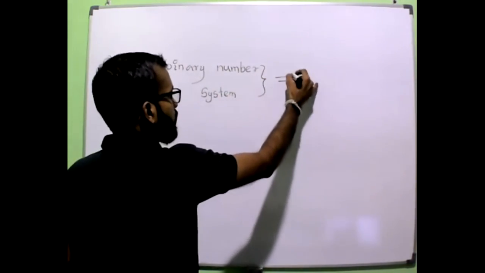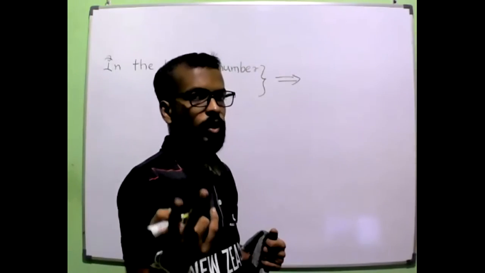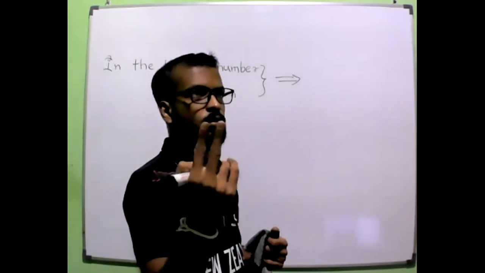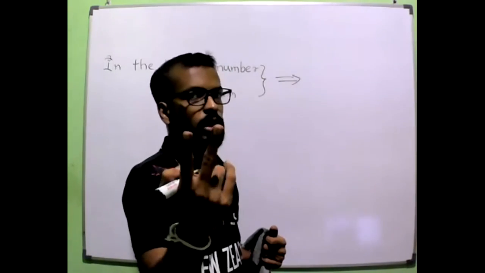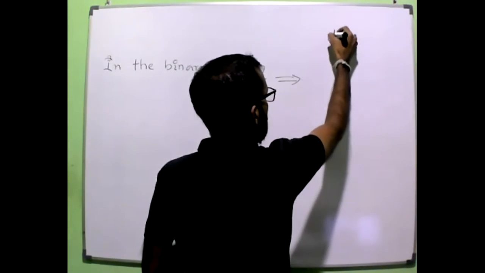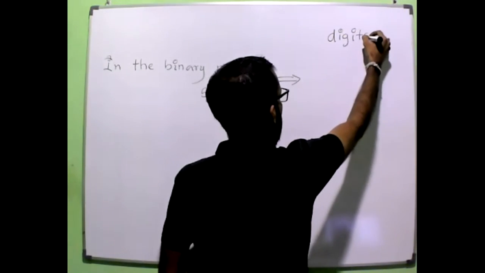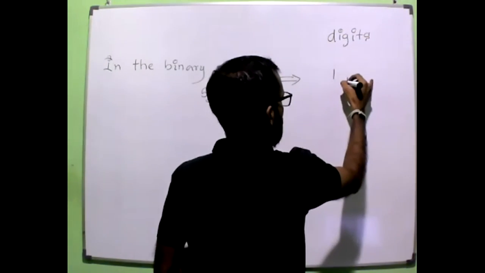So you might use 2 digits only, right? When you have base 2 numbers, you might use 2 digits only, right? So what are the 2 digits? I will write down the digits. So 1 and 0, right?